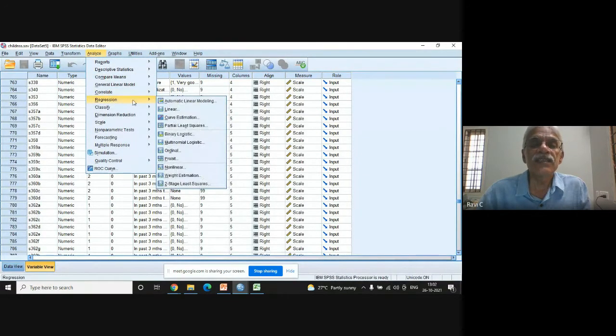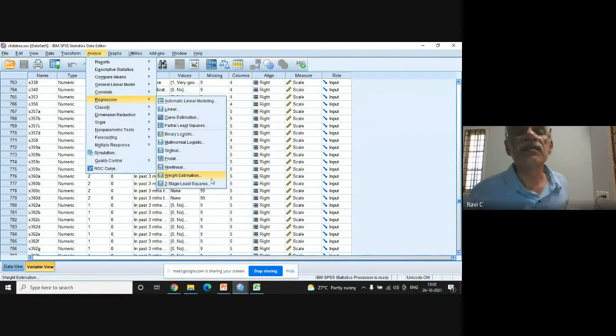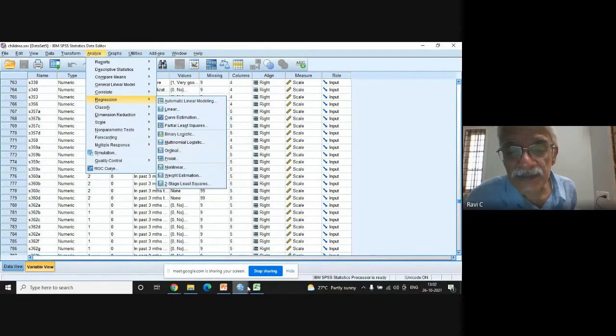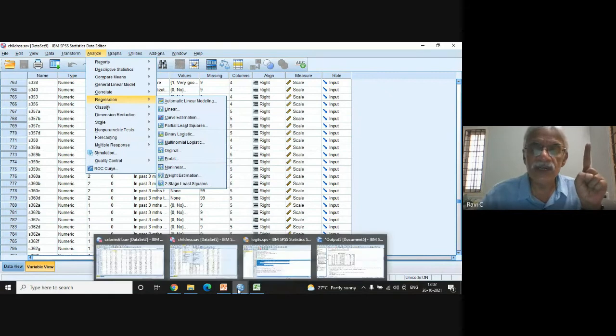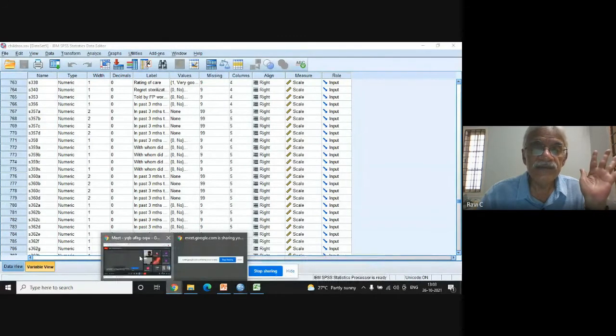Now in the regression, under the topic regression in SPSS, you have weighted least squares, two-stage least squares, probit, logit, you have ordinal, multinomial logistic. Each one is one topic. For example, what is multinomial logit?